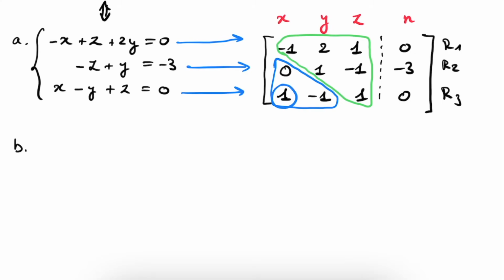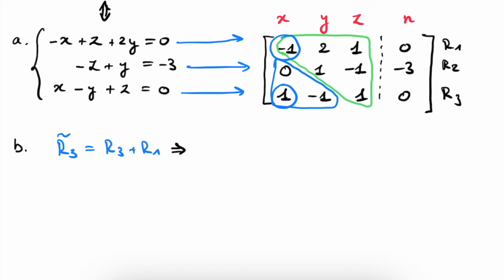We see that this element we can very easily make 0 if we add to it this element. And this corresponds to a new R3 row, which is equal to the old R3 row plus the old first row. So it corresponds to R3 plus R1, because then we simply get 0 on this first position here.